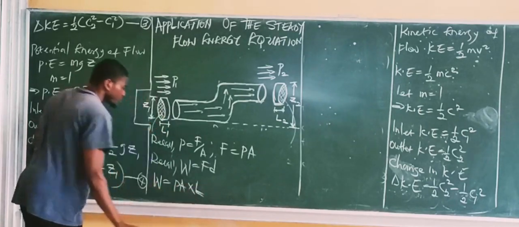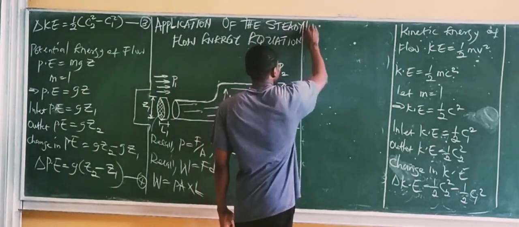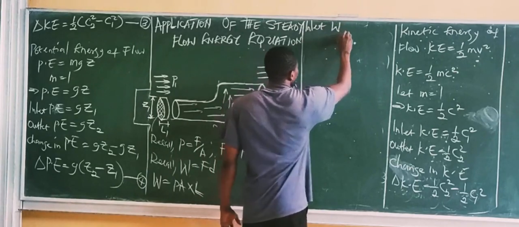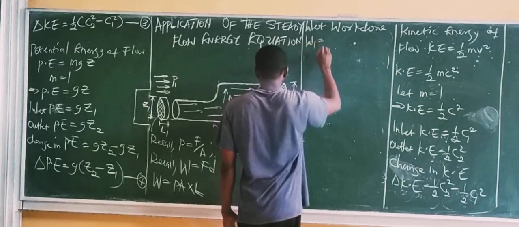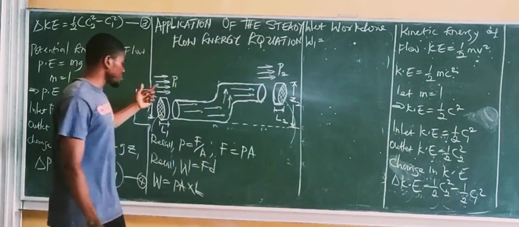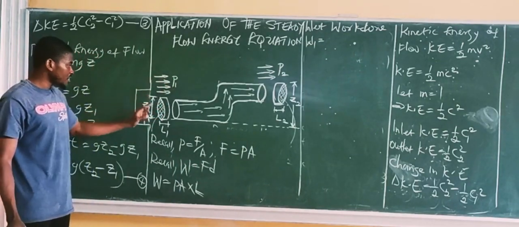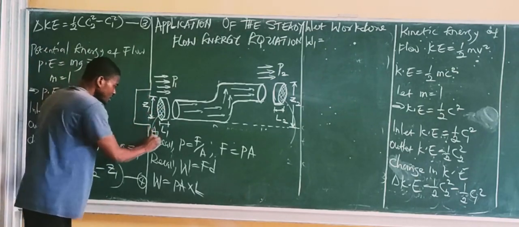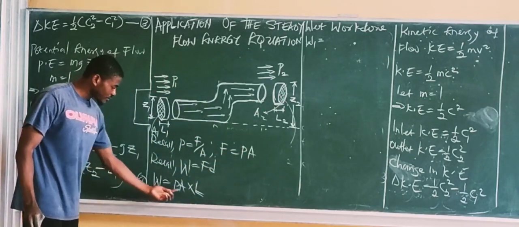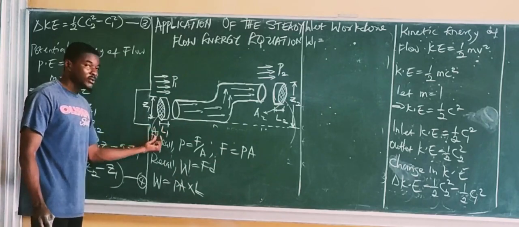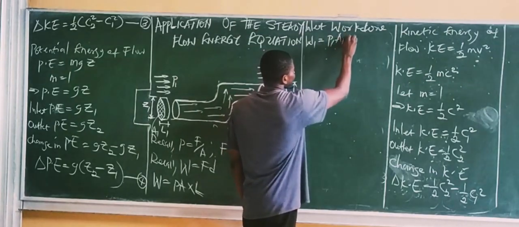Considering the inlet and outlet, let W1 be the work done at the inlet. The properties at the inlet are P1, A1, and L1, so the inlet work done becomes P1 times A1 times L1.